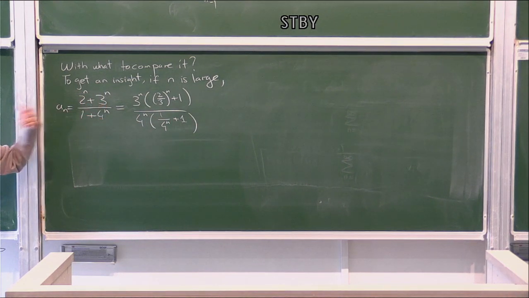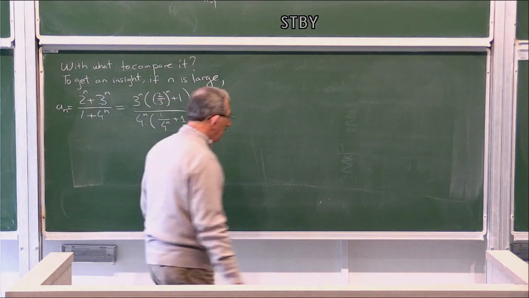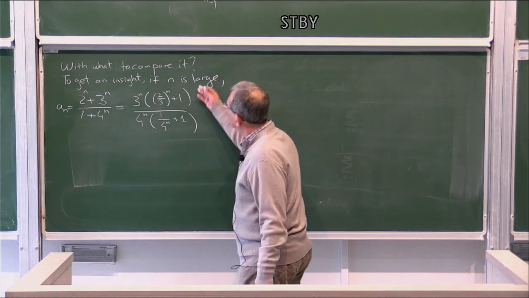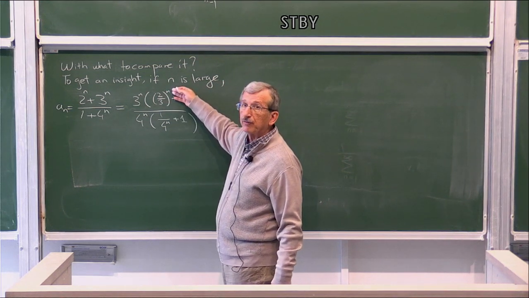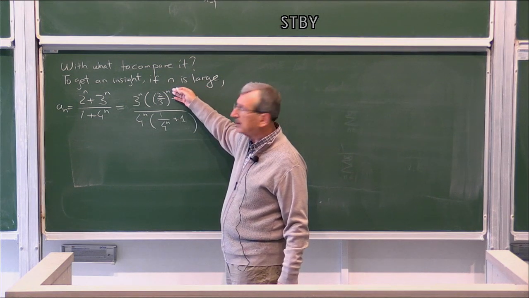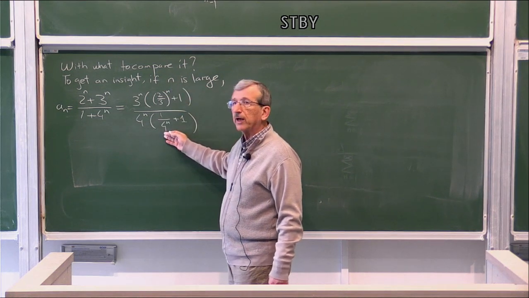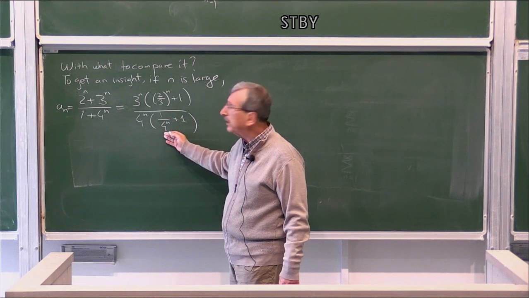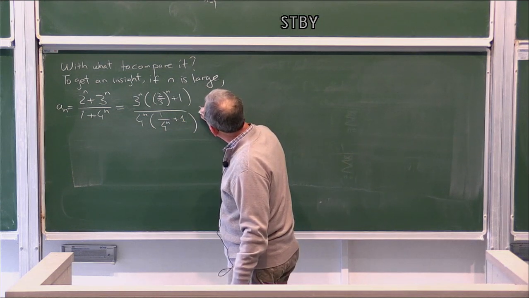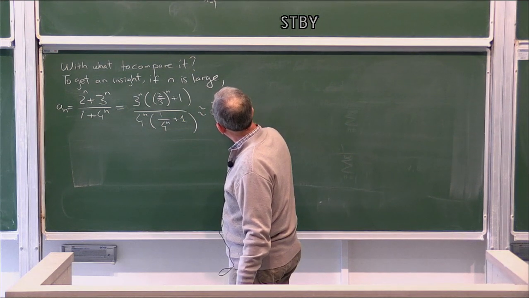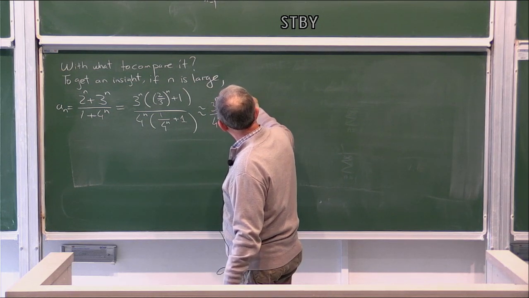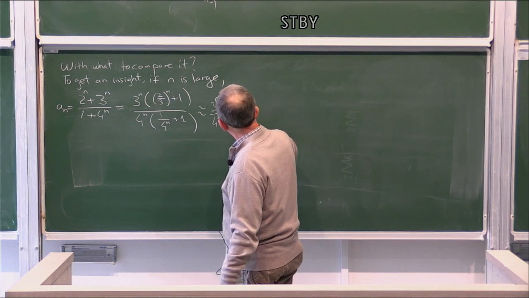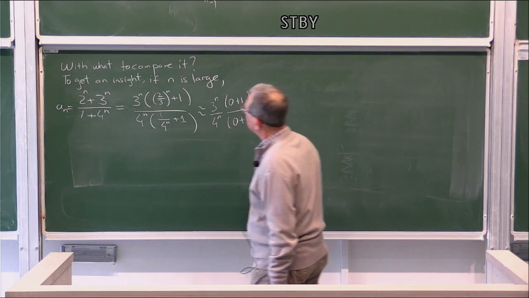At the bottom, 4 to the n is the larger term. Now, if n is very large, 2 over 3 to the n, because the limit is 0, would be very small. Similarly, 1 over 4 to the n would be very small. In other words, this would look like 3 to the n divided by 4 to the n, times 0 plus 1 over 0 plus 1. Okay.